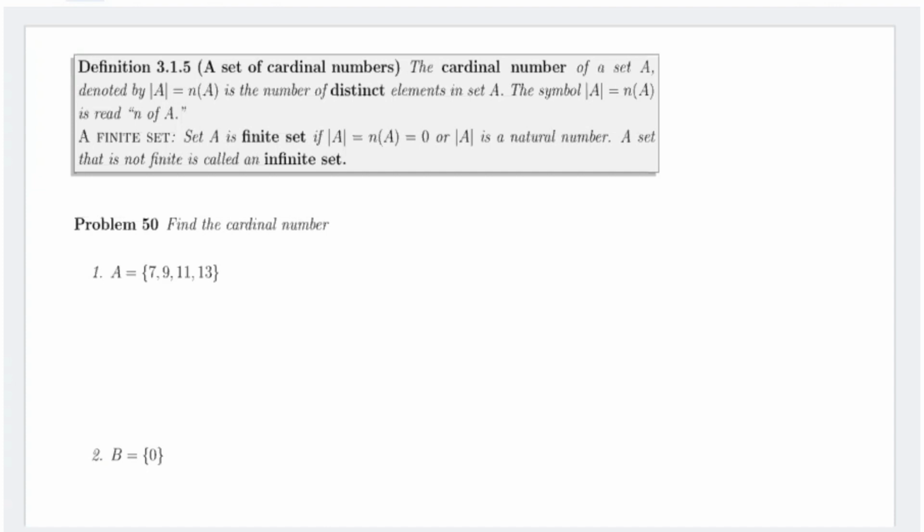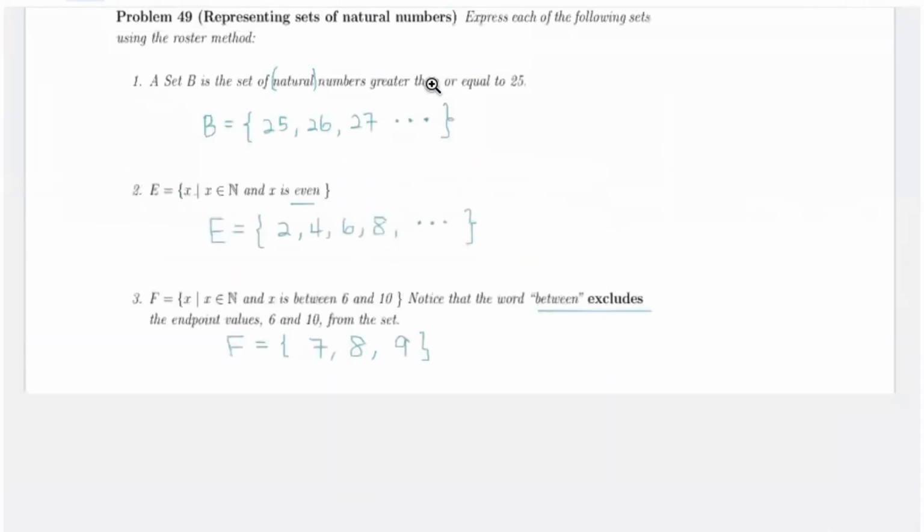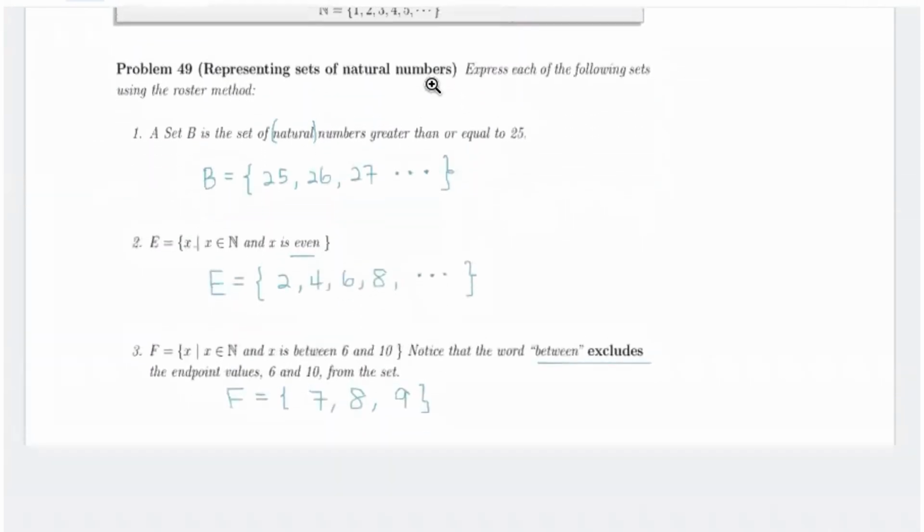So the next thing is we want to know the cardinal numbers. First we have to understand the meaning of cardinal numbers. Cardinal number means we are looking at the number of elements. How many are there? For example, in part 3 here there are 3 elements, 7, 8, 9.